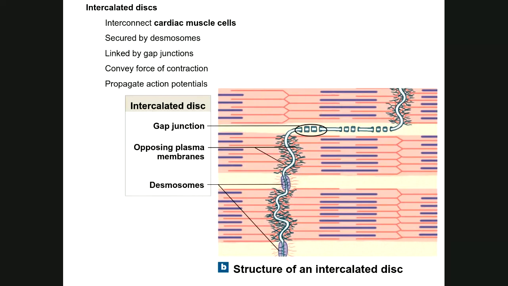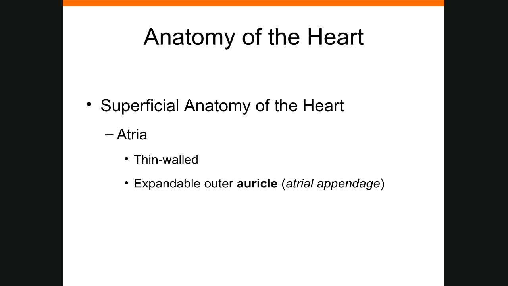So let's go to the internal features associated with the heart. We have 4 chambers: 2 superior atria and 2 inferior ventricles. I love to see that in pictures.